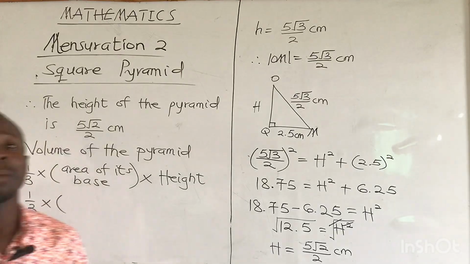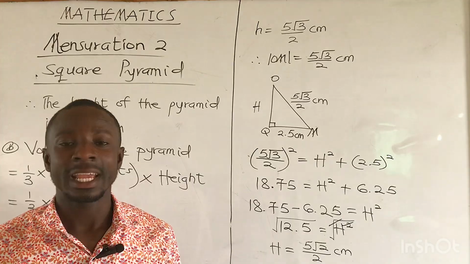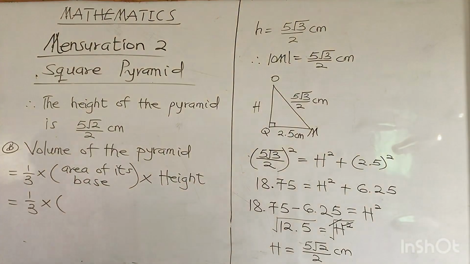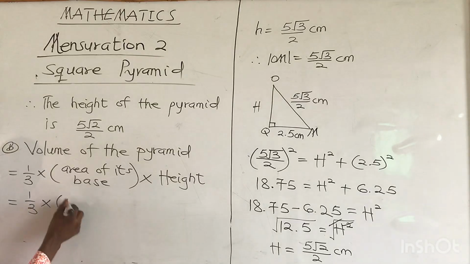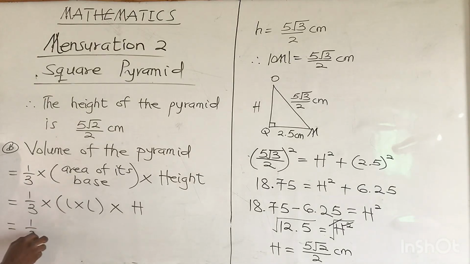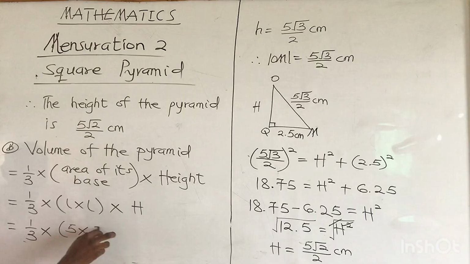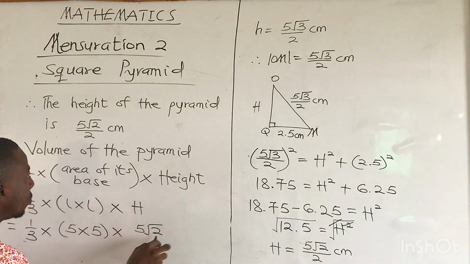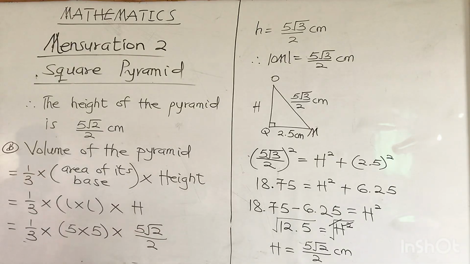Now we all know that the base is in the form of a square and each side is 5 centimeters. So area of a square is L times L, times the height H. So we have 1 over 3 times 5 times another 5 times the height, which is 5 root 2 over 2. So we are going to evaluate them.